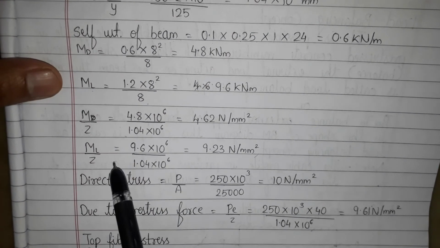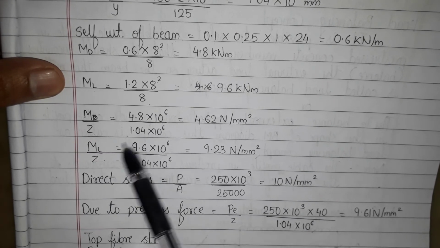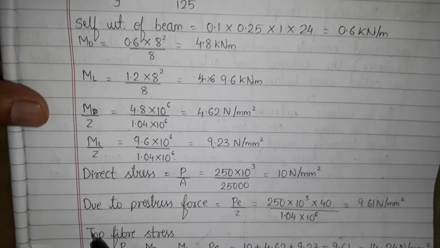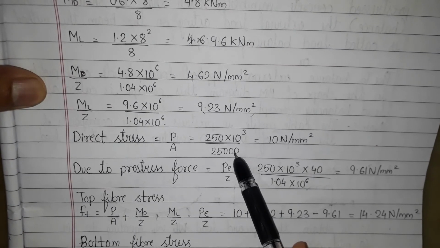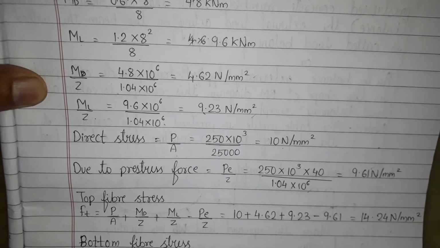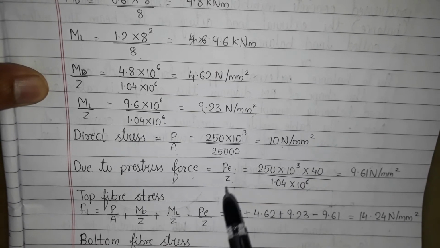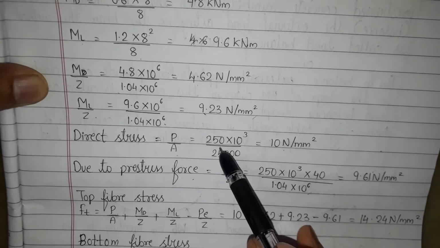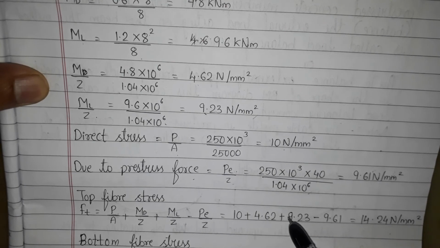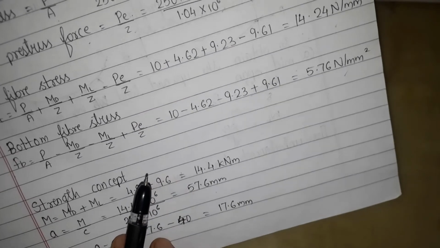After that M by Z, MD by Z, ML by Z. So we will get this. Then the direct stress, P by A. P is given, area is given, so you can find out the direct stress. Then due to the pre-stressing force, Pe by Z, because we have to find out by stress concept also. So P by A and Pe by Z. We will substitute here, as I discussed in the stress concept.